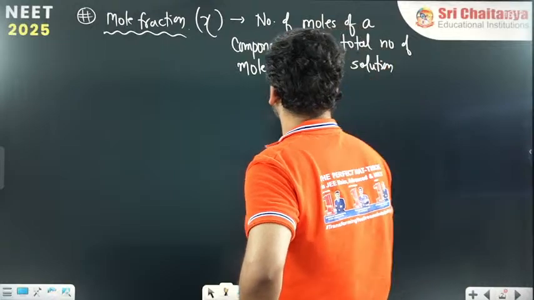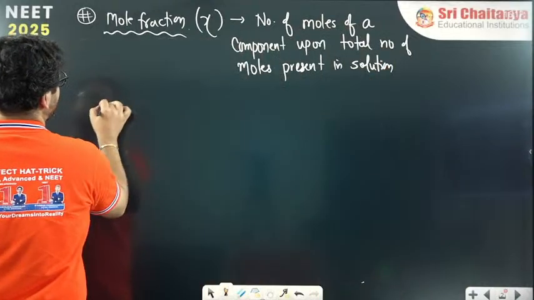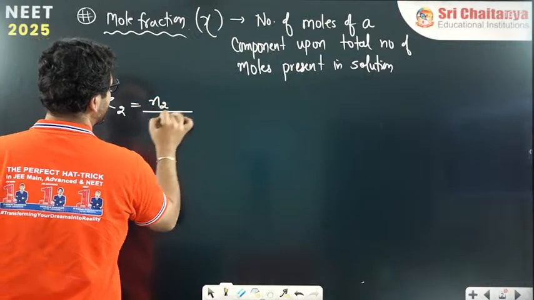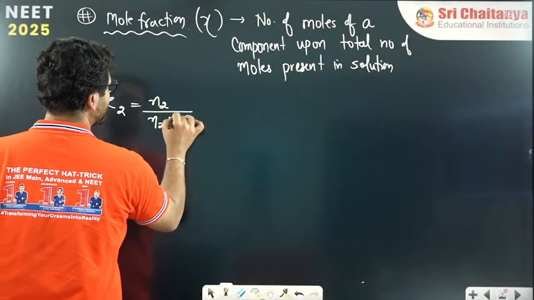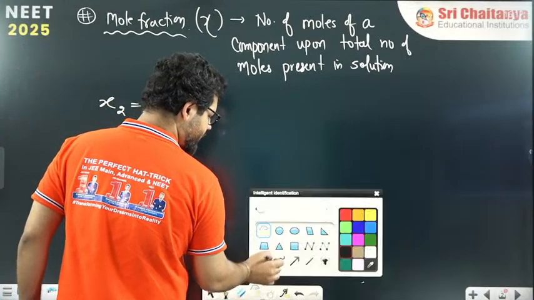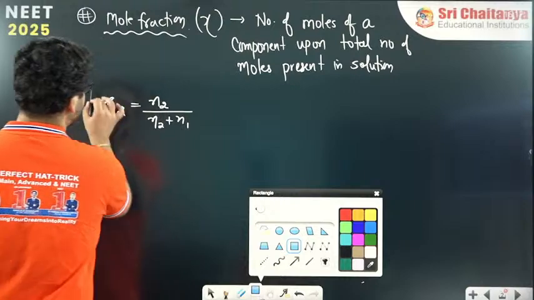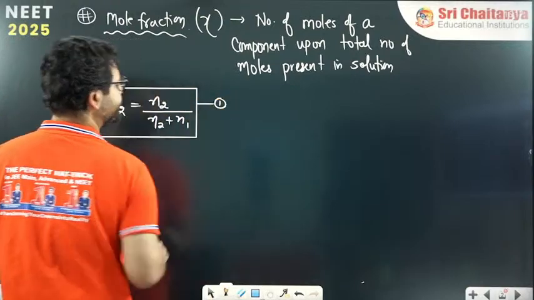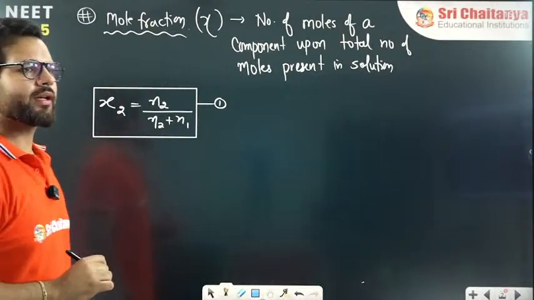So by this our formula becomes mole fraction of solute equal to moles of solute by moles of solute plus moles of solvent, which is the total number of moles in the system. So this is the formula. Call it as equation 1 for the day.